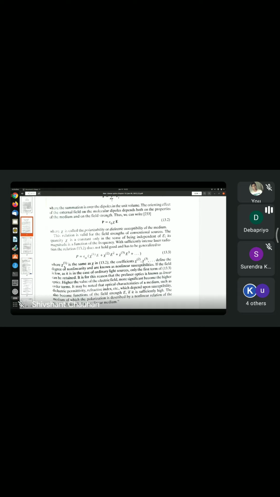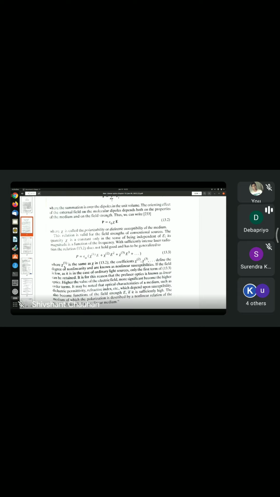Okay, so one more point here. Notice that polarization is a vector quantity. In equation 13.3, they have written down an equation where you do not see this vector characteristic. You think it is a scalar quantity, and you write an expression where you don't see any vector signs. However, polarization is a vector quantity, and so to be precise, you should write separate expressions for separate components of P. Like on the left hand side, you write P subscript i.